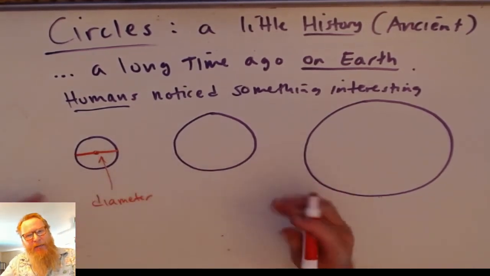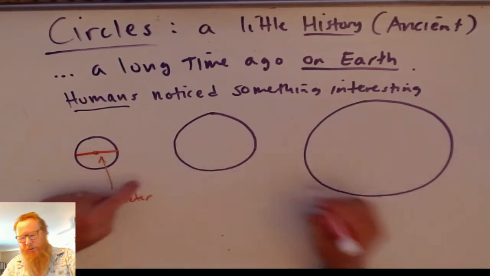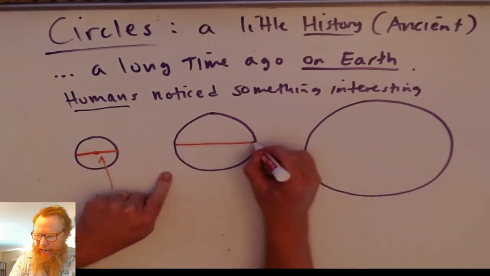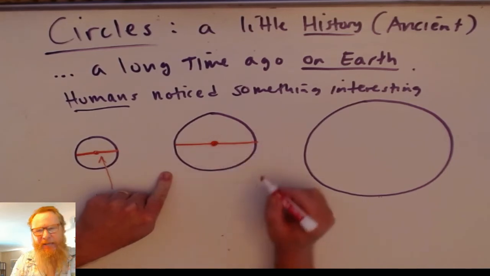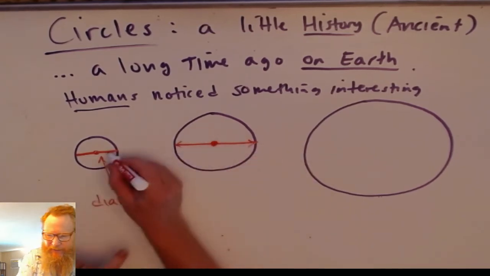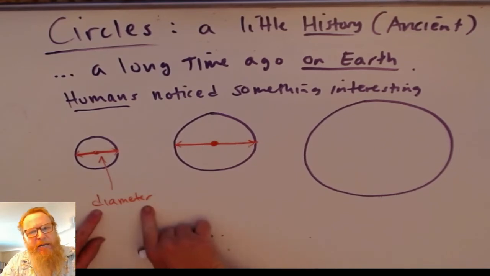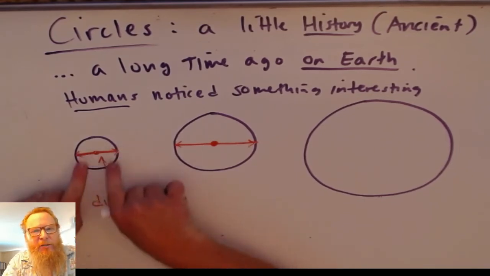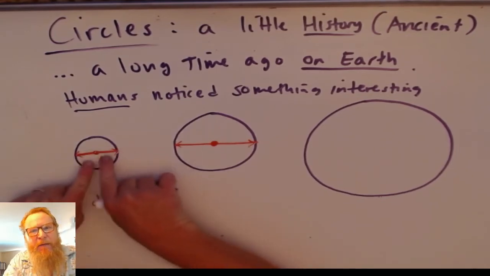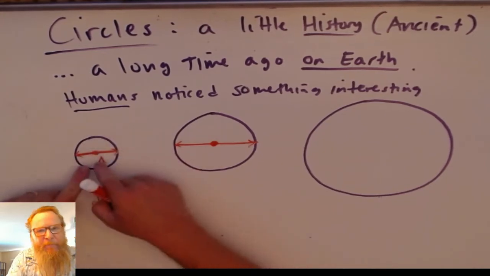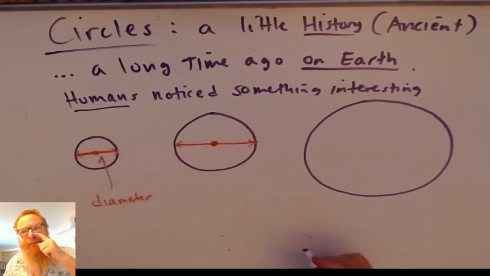The diameter gets larger, right, as the circles get larger. So here's another diameter. It always has to go through the center. Di means two. Meter means measure. So it's two-sided measure. So you're measuring both sides away from the center.